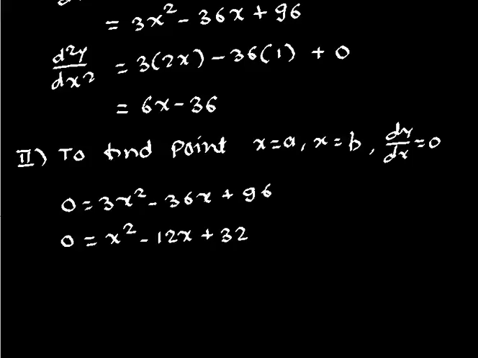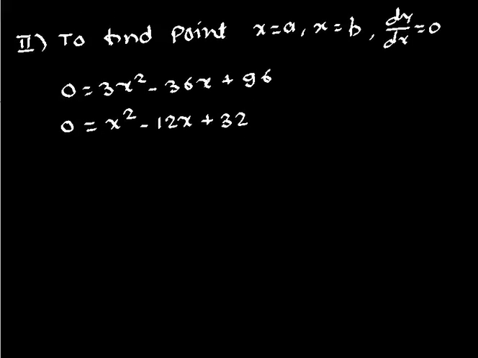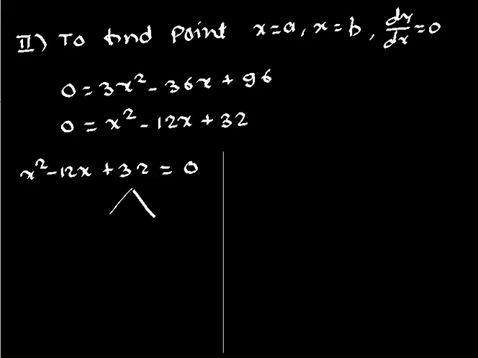Now this equation can be solved in two ways, as I have explained in the last problem also. This is a quadratic equation. The simpler way is to split this term into two terms such that their multiplication is 32 and addition is minus 12. So it will be minus 8 and minus 4.